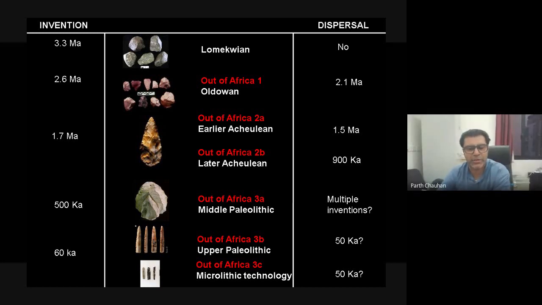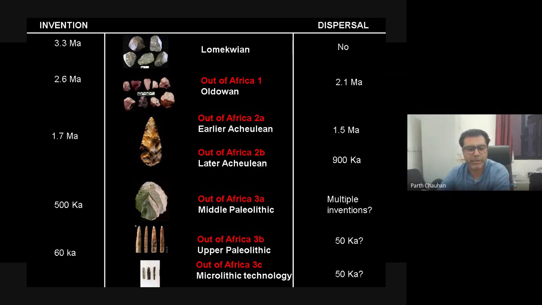Now, not all of these have transitions. For example, there's no clear transition between Lomekrian and Oldowan. For Lomekrian, we only have one site, and between 3.3 million and 2.6 million, there's no archaeological evidence. But from Acheulean, 1.7 or 1.8 million, the evidence is continuous.